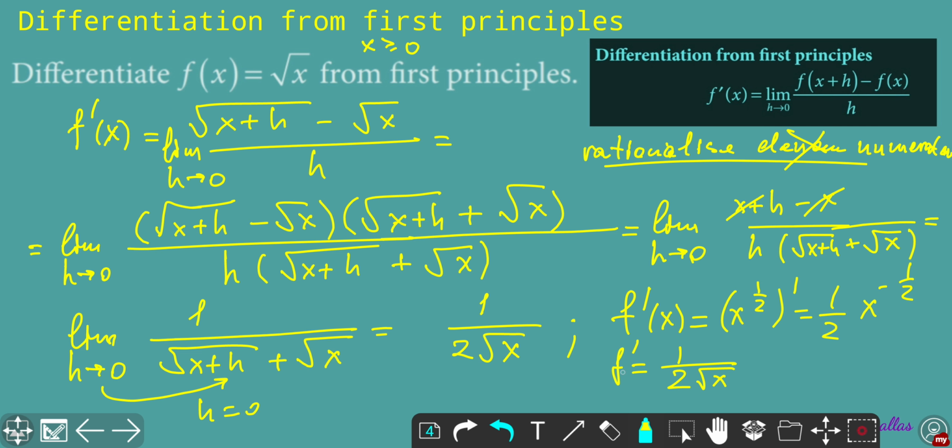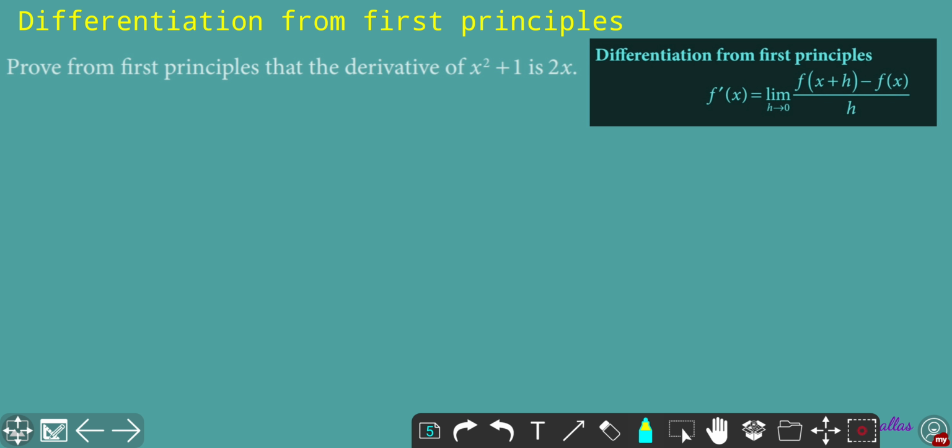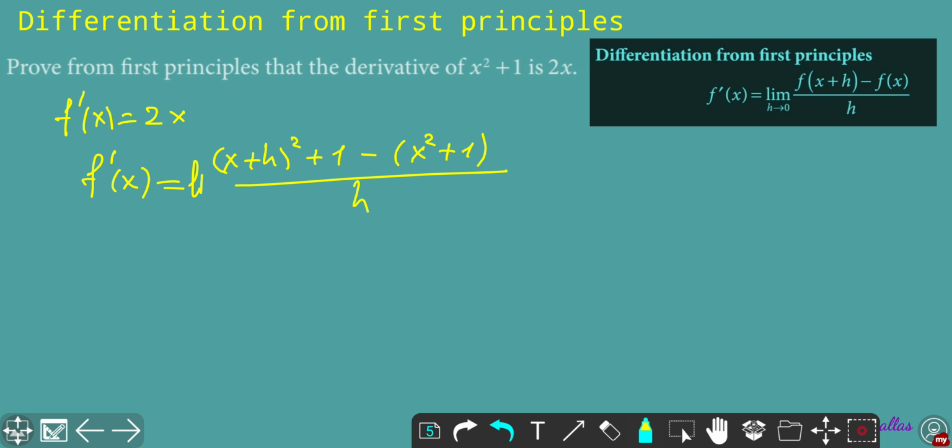So that was differentiation from first principles, but I would like to have a last example. That's pretty easy. You need to prove from first principles that the derivative of x squared plus 1 is 2x. So we need to prove that f prime is finally going to be 2x. Now let's try to do it very, very fast. We just plug in x plus h into the formula, which is simply squared, then plus 1 in the end, and we subtract x squared plus 1, your original function, we divide by h, and we apply the limit when h is very close to 0.